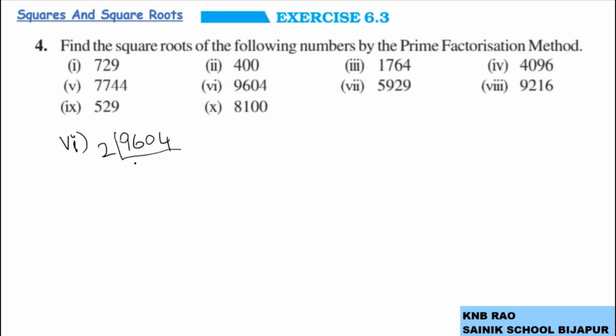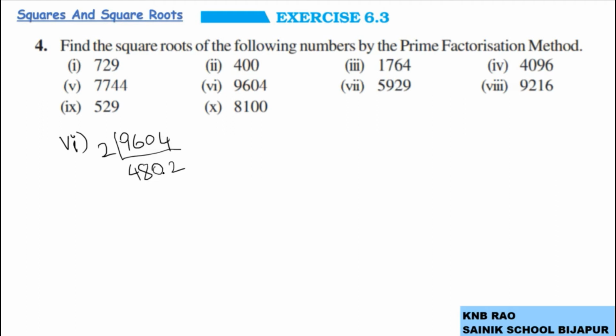It is an even number. So 2 4s are 8, 2 8s are 16, 2 zeros are 0 and 2 2s are 4. Most of the time, children go wrong here.